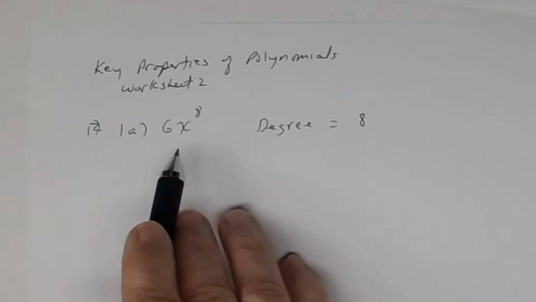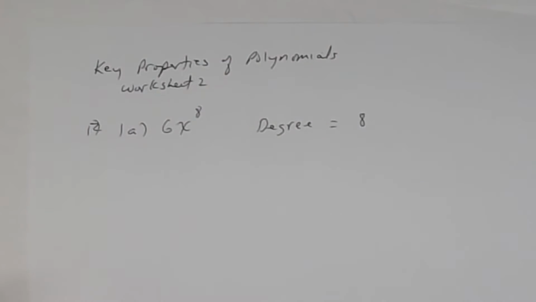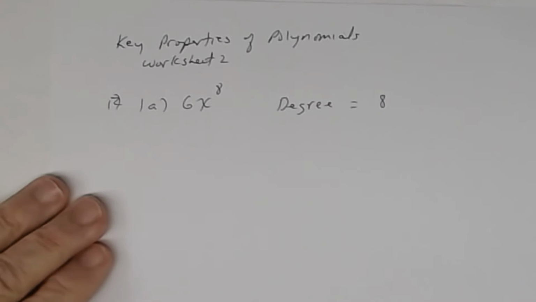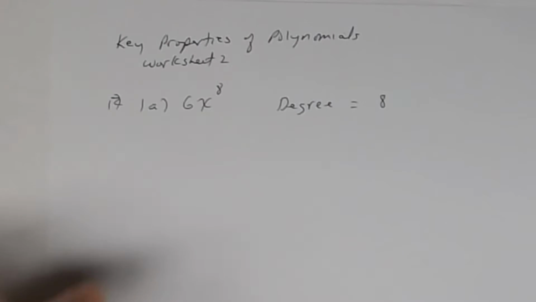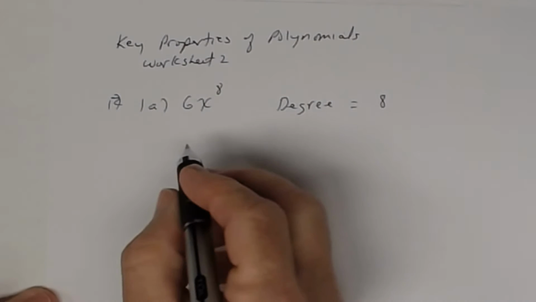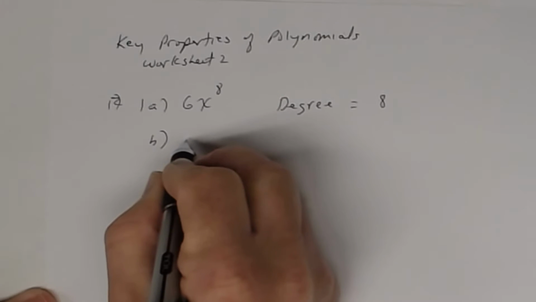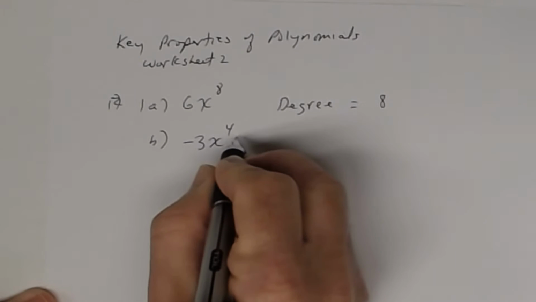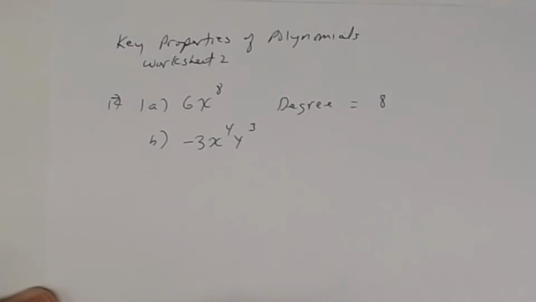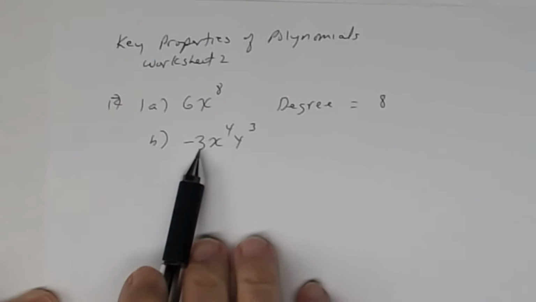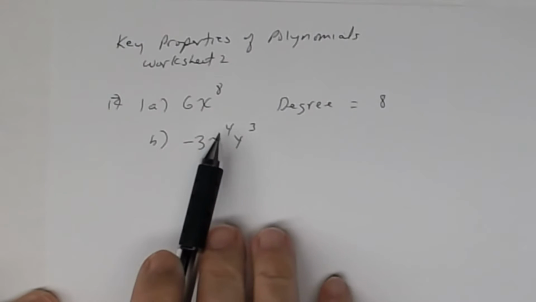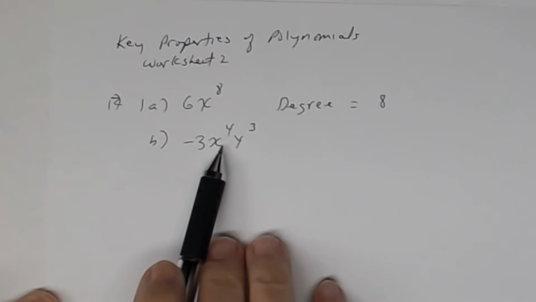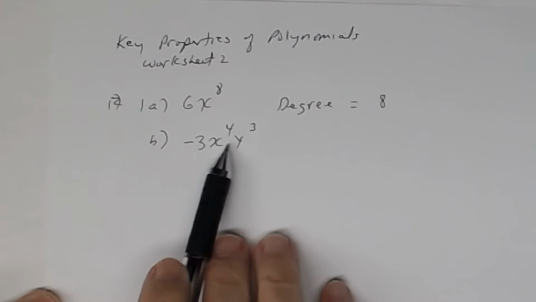Okay? So whenever you have a monomial with one variable, it's pretty easy to determine the degree. You just look at the exponent. But in B, you have negative 3x to the fourth, y to the third power. Remember, the degree has nothing to do with the coefficient. It only has to do with the exponents. Notice here, though, there are two variables.